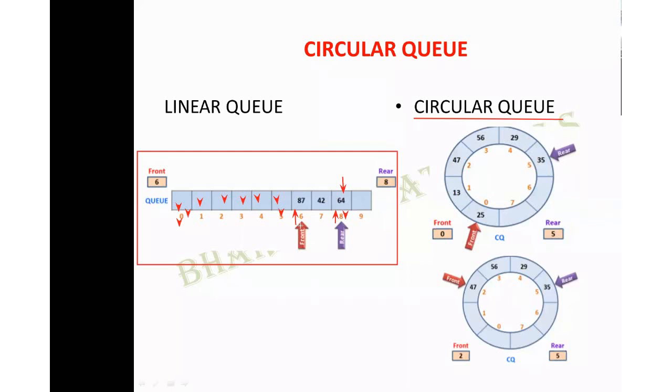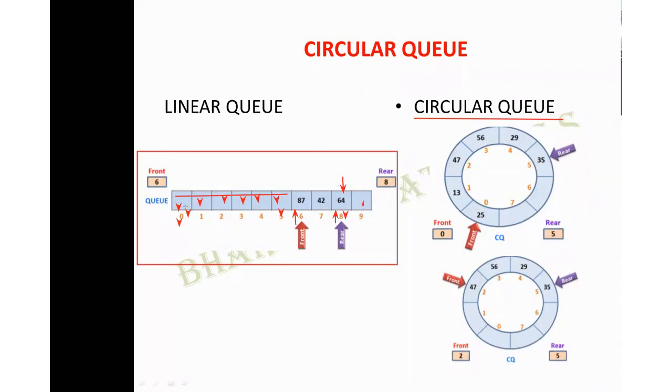Okay. So what happens over here is this part of your memory, from 0 to 5, is wasted. Now, with the concept of circular queue, you can overcome this. Already one is wasted because here you didn't enter any values.